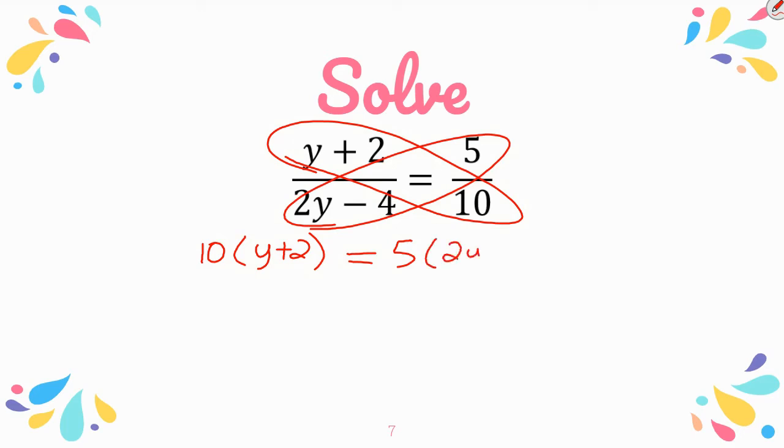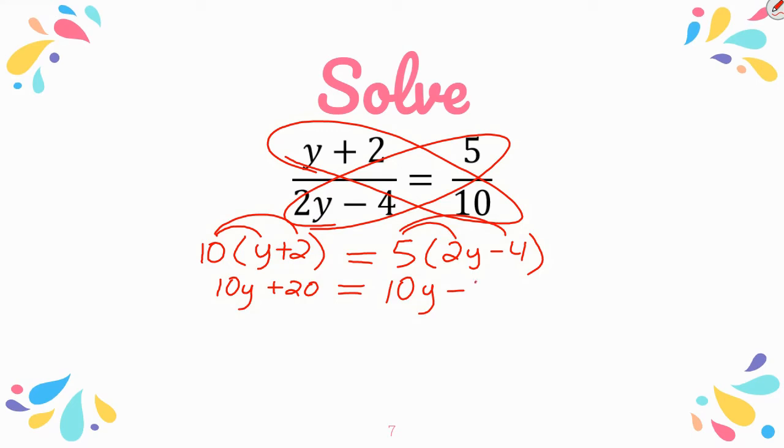And then 2y minus 4. Do not forget your parentheses. Now I'm going to multiply the 10 to the y. We've got to distribute to get 10y. And then 10 times 2 to get plus 20. Equals, we've got 5 times 2y will get us 10y. And then 5 times minus 4 will give us minus 20.